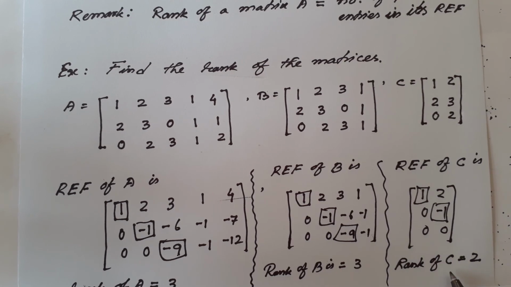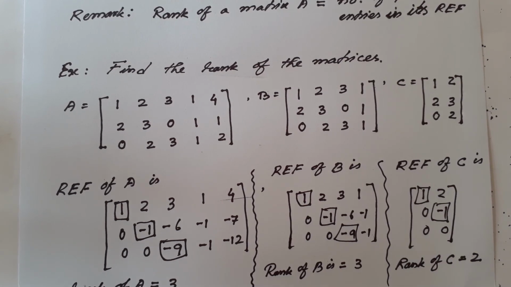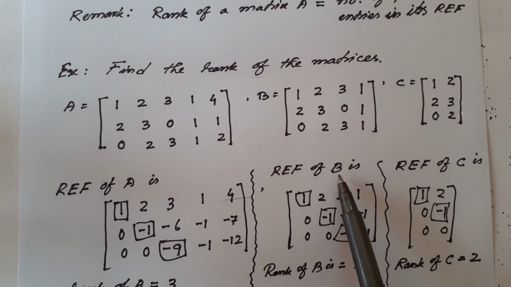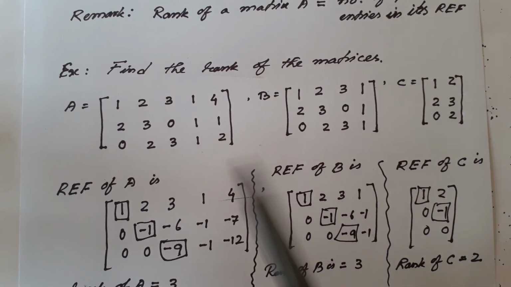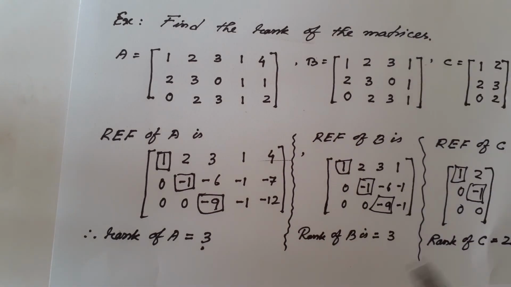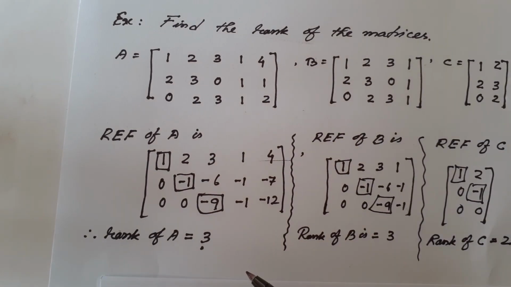So rank of C will be 2. Notice that a submatrix and the matrix itself can have the same rank. Here rank of A is 3 and rank of the submatrix B is also 3. This concept will be required in later stage to solve a system of equations. Thank you.